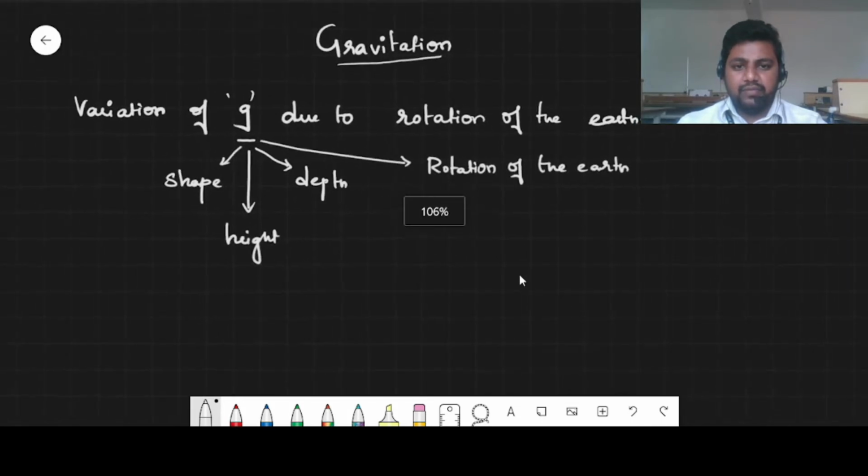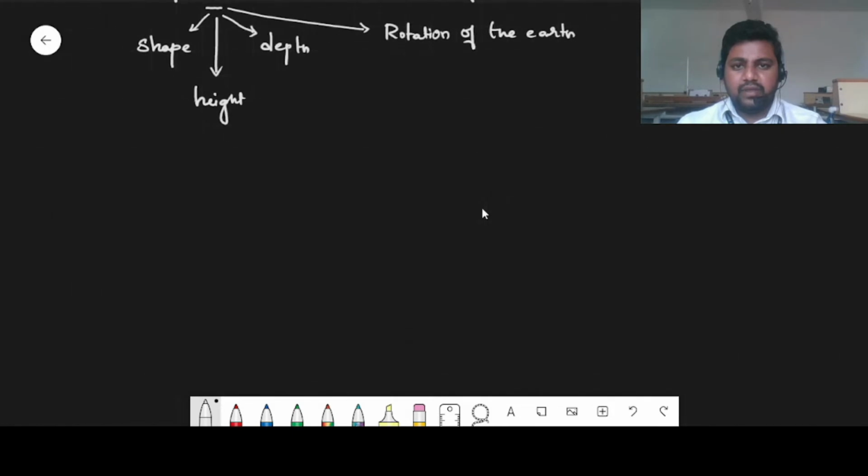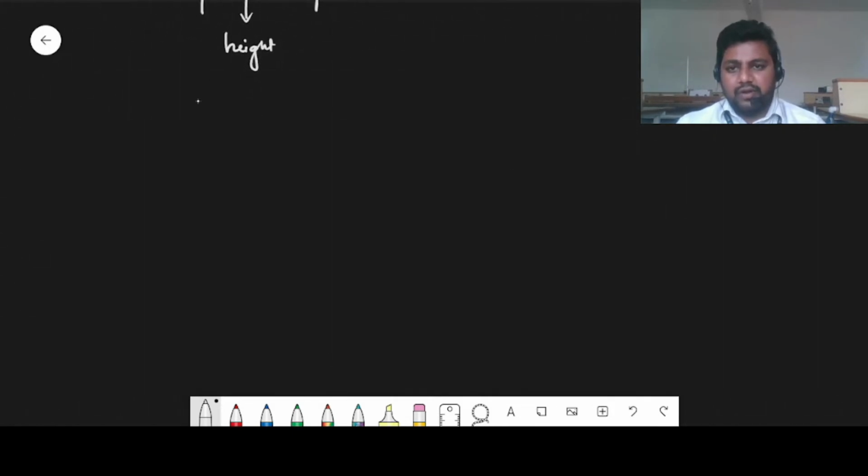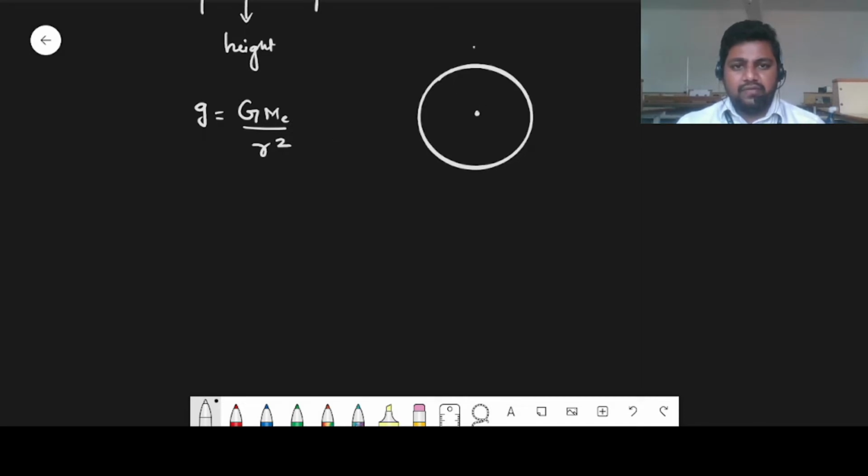Very good. Now you know the formula for acceleration due to gravity is G into mass of the earth divided by r square. If the object is on the surface of the earth, then the acceleration this object experiences will be in the downward direction.